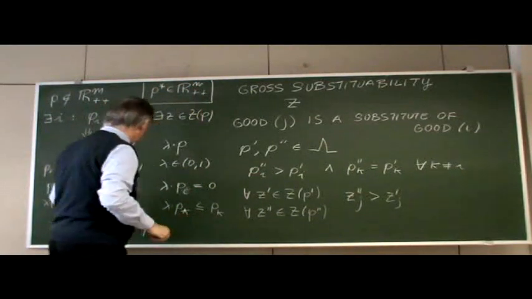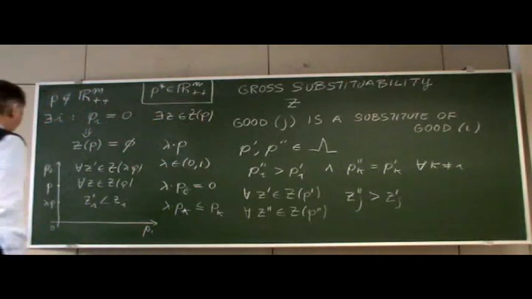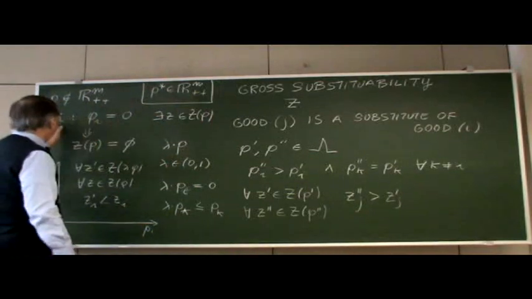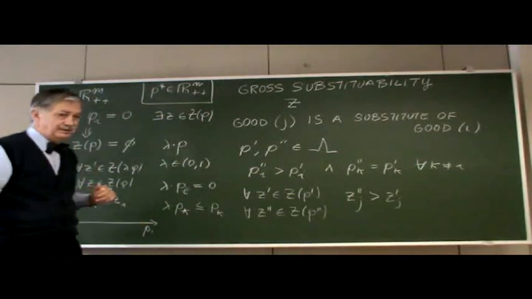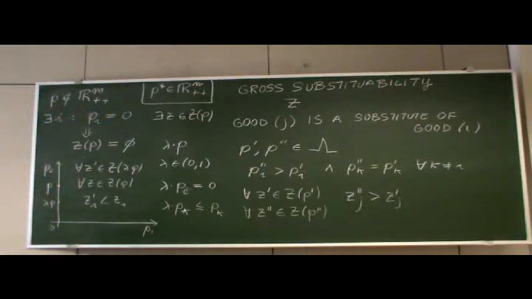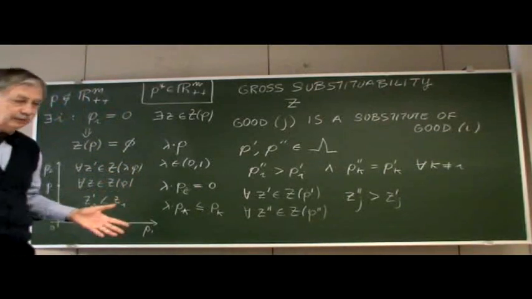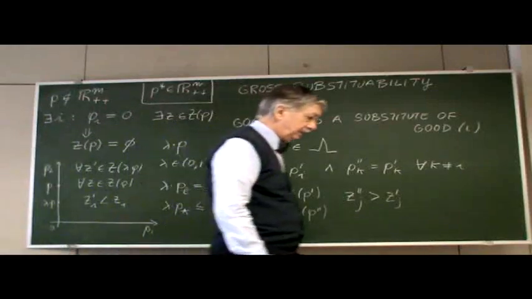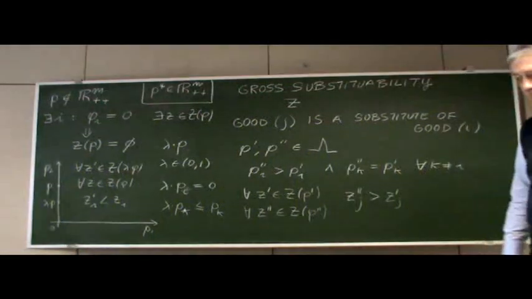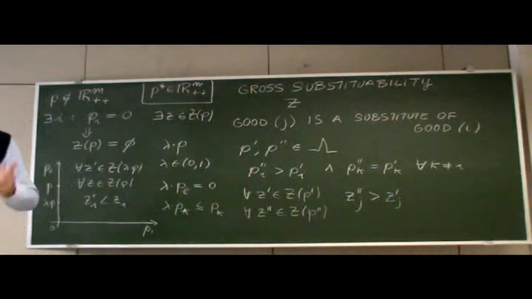Obviously, because in equilibrium, Z of P is non-empty, by definition, and therefore it is impossible that some component of an equilibrium price system is equal to 0. In equilibrium, all the components of P must be positive numbers. So this property, in a sense, is an alternative to strict monotonicity of preferences, in order to prove that in equilibrium all prices are positive.